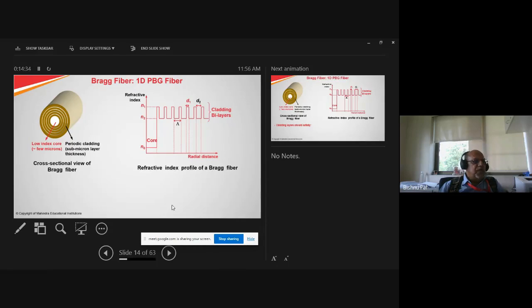So N2 is smaller than N1, but nevertheless both N1 and N2 are higher than N0, and they are periodically spaced, and the period is capital lambda shown here. Each high index region is of width D1 and the low index region of width D2. So these are called cladding bilayers.